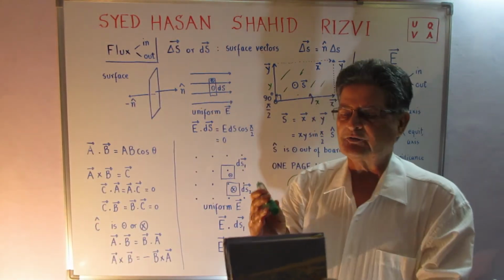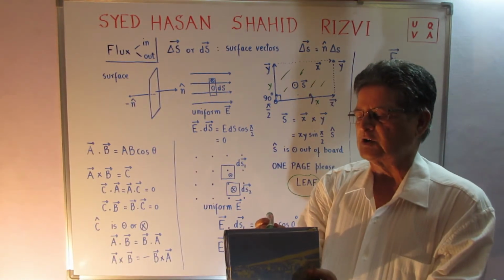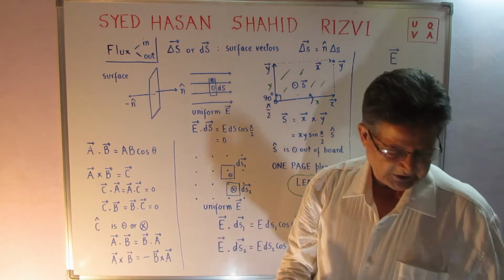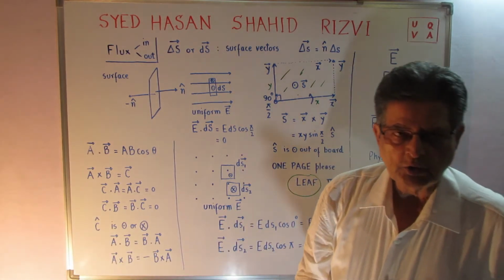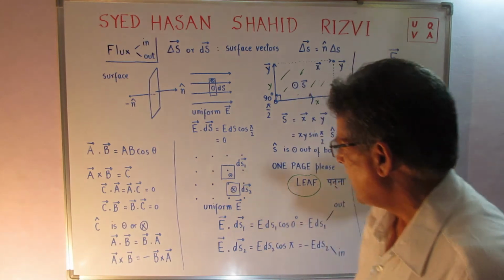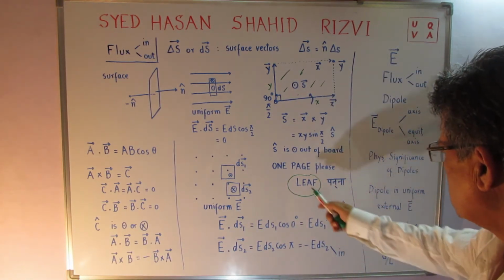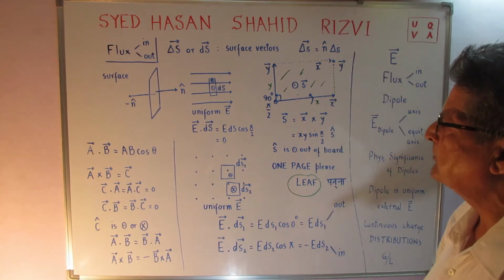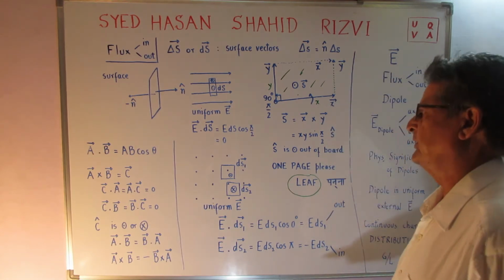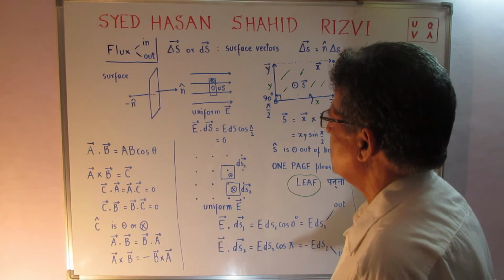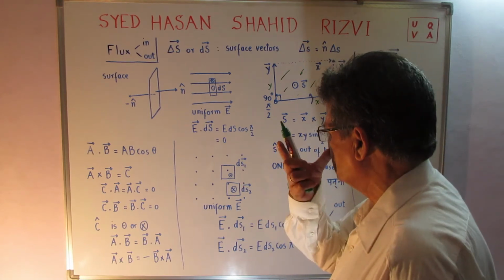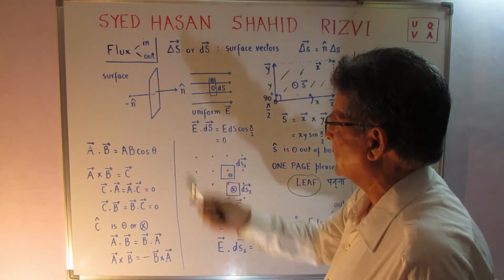And there is another face for which the vector is on the other side. The vectors are normal to the surface. Okay, so I can show you that in this case, now I am taking you through a surface. Often, instead of the cap vector, we take the normal vector.